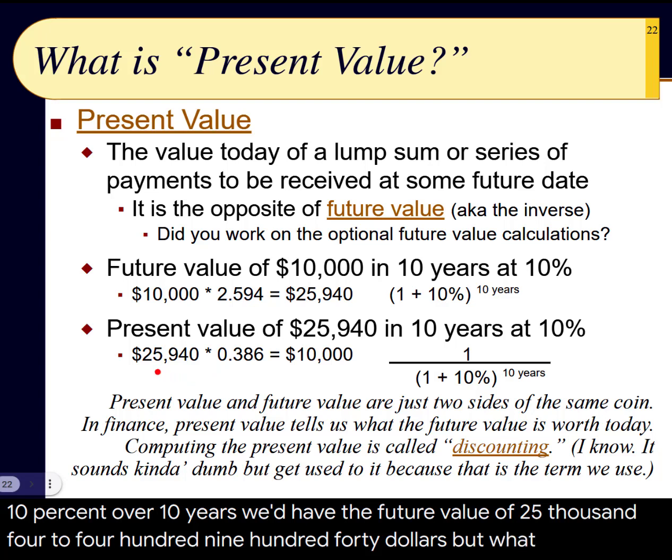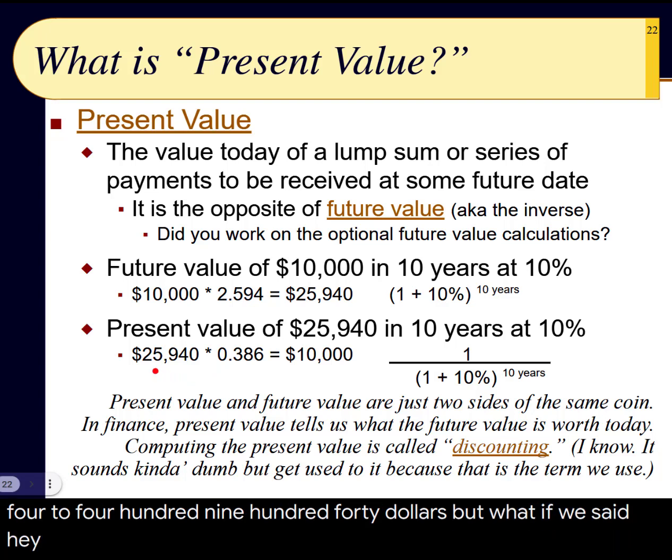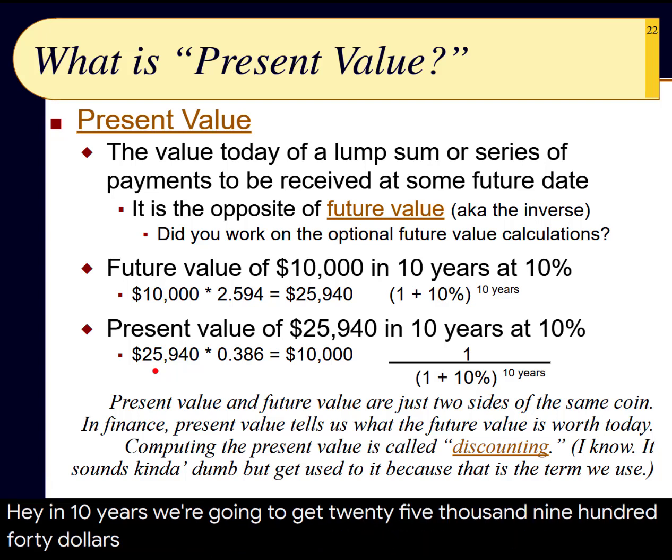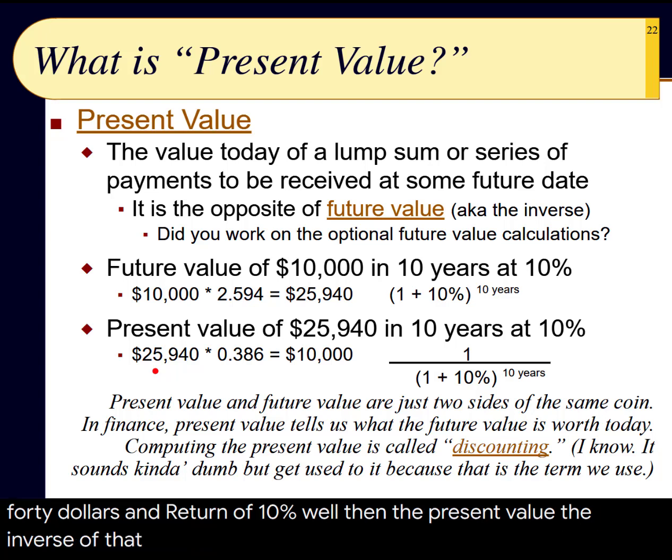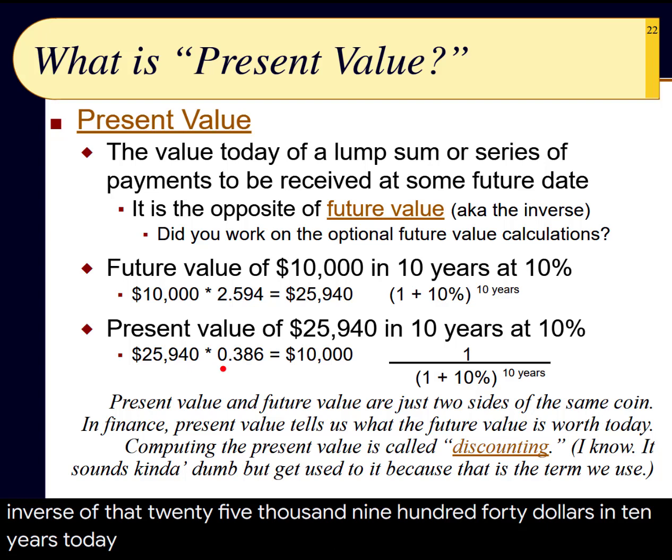But what if we said, in 10 years, we're going to get $25,940, and we require or we expect a return of 10%. Well, then the present value, the inverse of that, $25,940 in 10 years, today in the present would be worth to us $10,000.